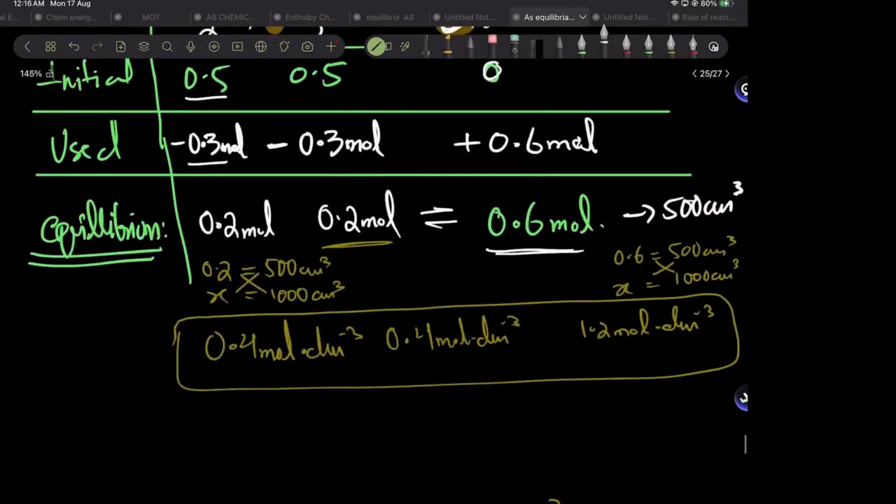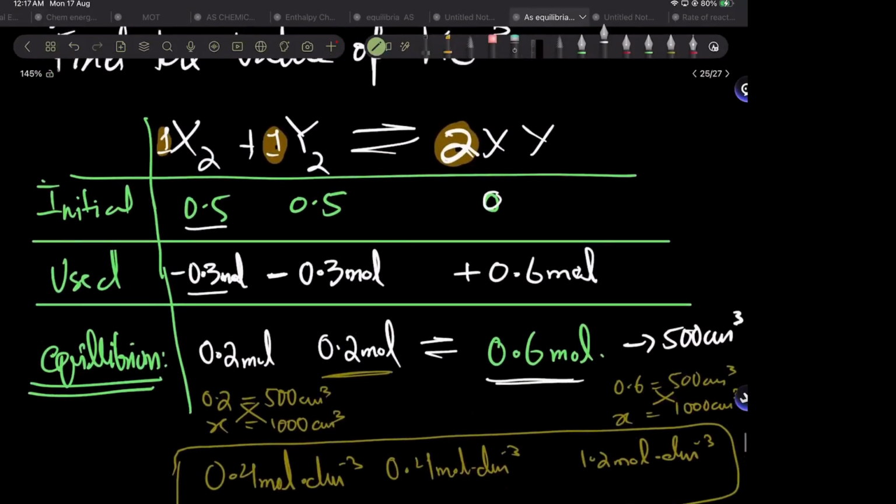So this was one of the tough types of questions in which you're given the initial moles, you're given the equilibrium moles of the product, and then you have to make ratios in order to find out if the equilibrium moles are this, how many moles of product were made, and how many reactants must be used from the other side in order to produce those moles. And then you find the equilibrium moles of each of the substances. Then you see if they're in 1 dm cube. If they're not in 1 dm cube, you convert them to 1 dm cube, and then you insert them in the Kc expression to find the value of Kc.